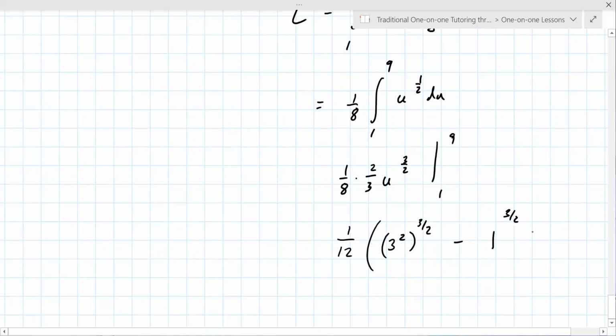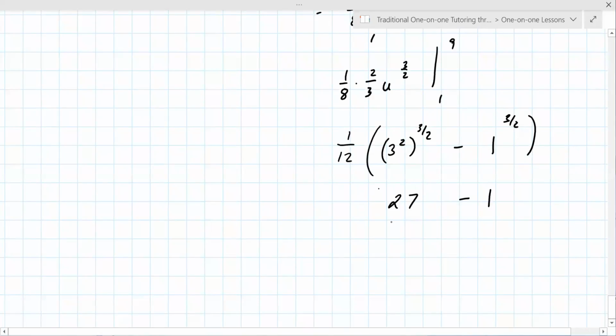Minus 1 to the 3/2 because 1 to any power is 1. But 3 squared to the 3/2 power, exponent to an exponent, you multiply, the 2's cancel, you get 3 cubed. So you get 27 minus 1, 26 divided by 12 ends up being 13 over 6.